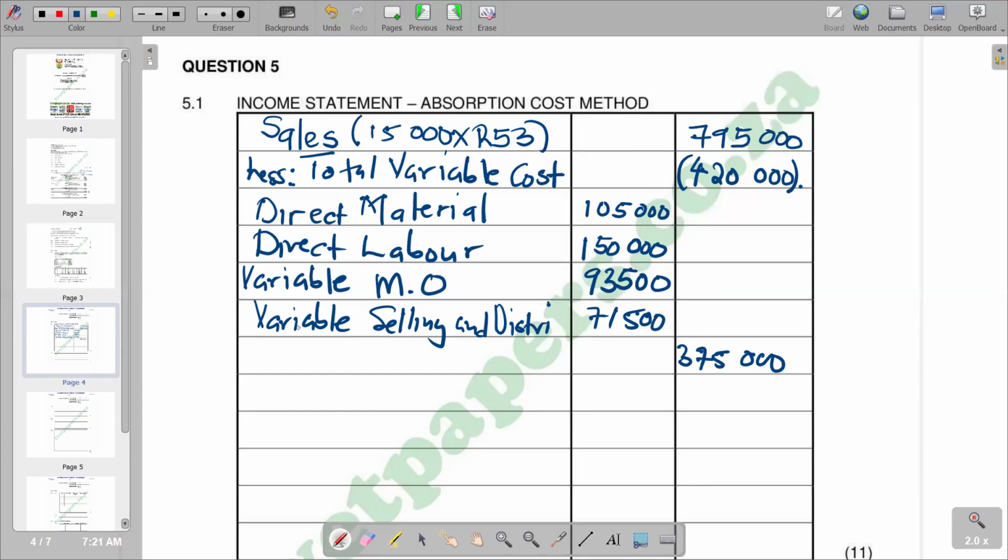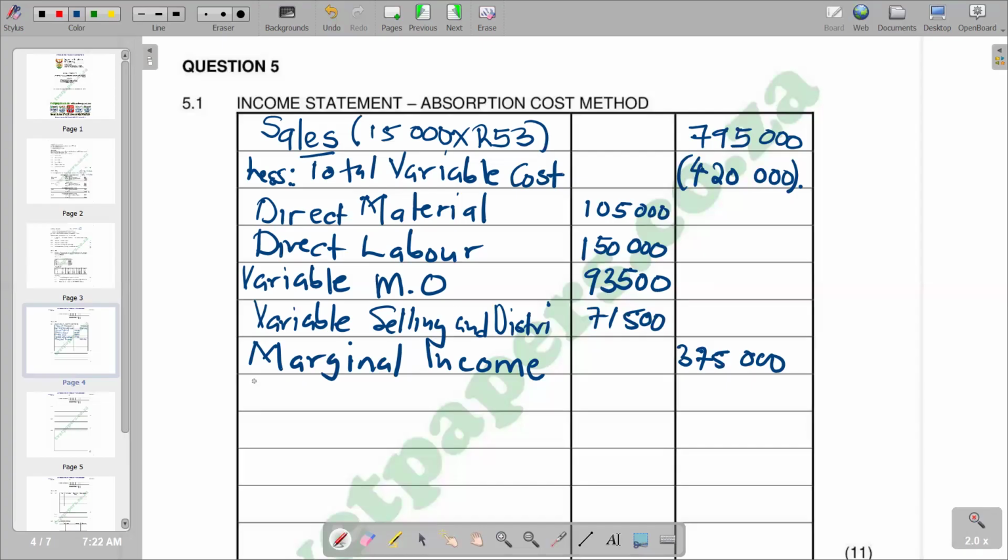So the figure that we have there is marginal income. So having that now, we can go forward as we subtract the total fixed cost.